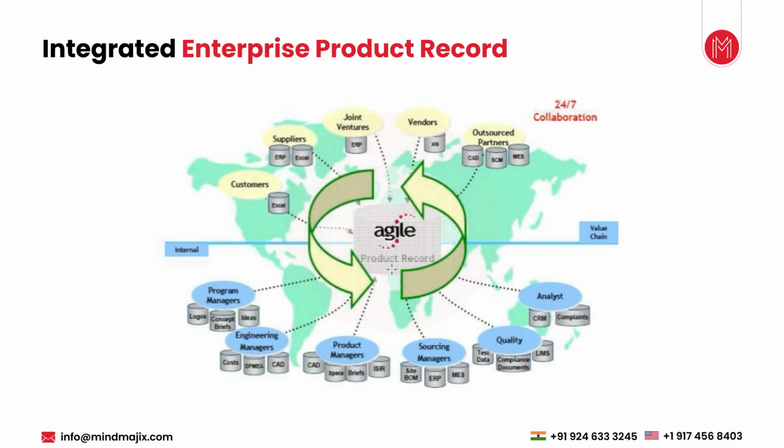We are managing all these value chain associates like customers, suppliers, joint ventures, vendors, and outsource partners in Agile PLM using different components or objects. Similarly, we involve program managers, engineering managers, all these managers or departments, with the help of their workflows, approvers, or their own defined attributes or objects.